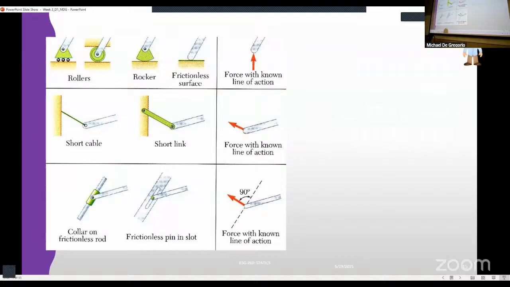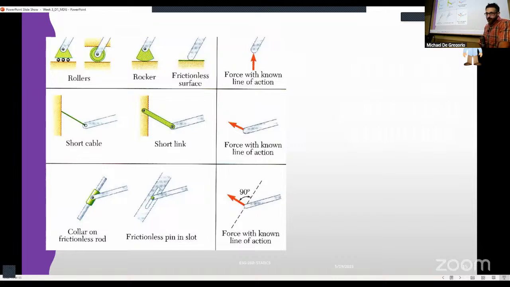If you have a frictionless surface, you have a reaction still from your point of contact, normal to that surface, right? So the left-hand side would be the type of connection that you have, and the right-hand side is what the reaction looks like.